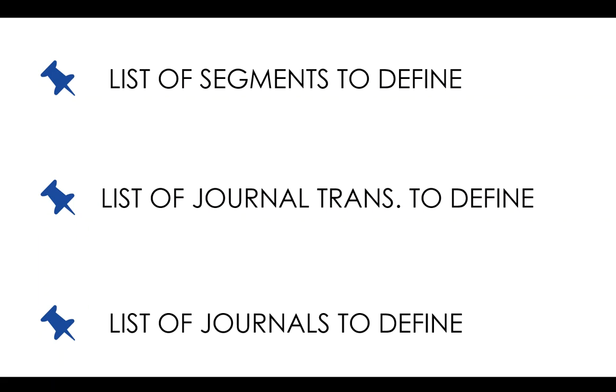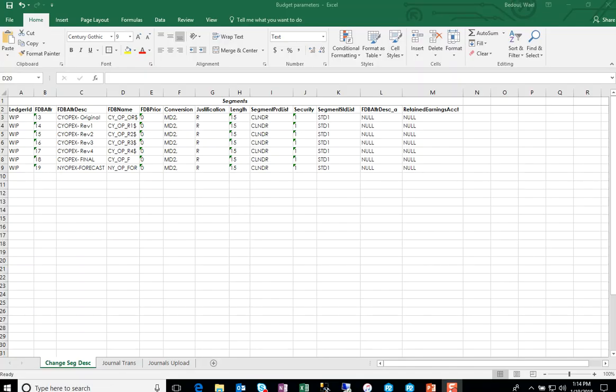So we are going now to explain how to define a segment, how to define a journal transaction, and how to define a journal. So in the example you see here, I am going with a very simple setup. In this setup, I will have an OPEX original budget segment, and revision one, two, three, four in one year because these are current year.